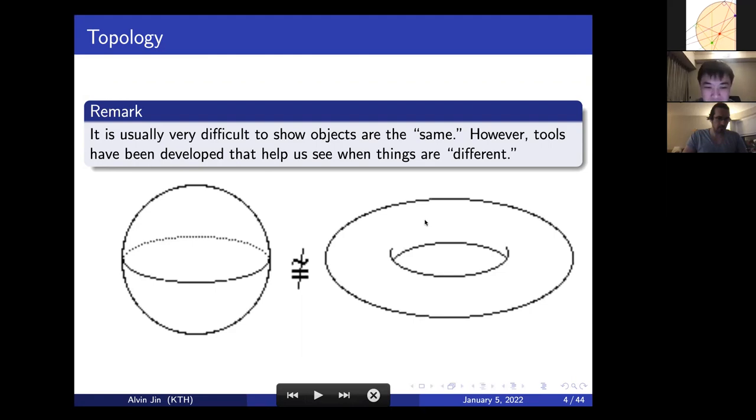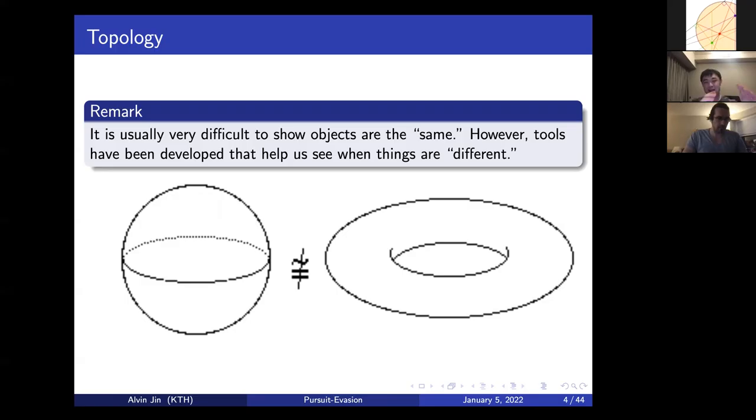Sorry for the low quality image, but you can see these two shapes, the sphere on the left and this donut on the right. They're not the same topologically speaking, because I can't get this hole through any smooth pushing of the sphere.